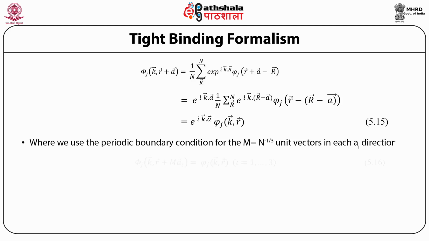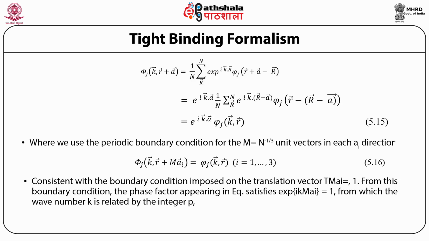Now phi j as a function of k vector, r vector plus m ai vector is equal to phi j as a function of k vector, r vector, where i varies from 1 to 3, consistent with a boundary condition imposed on the translation vector T m ai equal to 1.